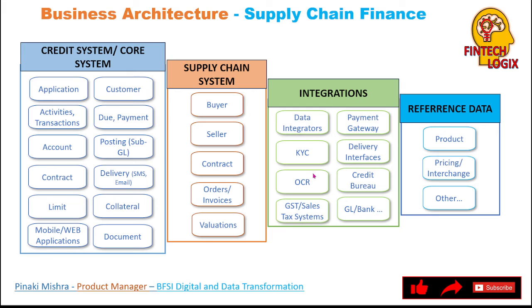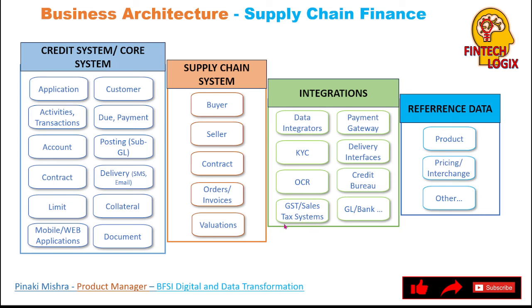In many cases, we get scanned documents like your supply of goods and services, invoices, and other things. Those need OCR to decipher. Your trade bureau checks, as is normal in any lending system.